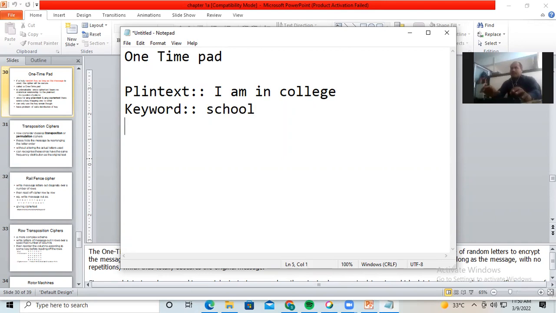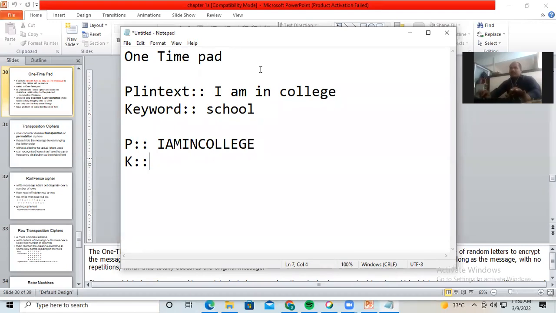Now from that we need to create the plain text characters and again the ciphertext characters. So here I can write the plain text characters, and first of all I will write the keyword characters continuously. I am in college here.